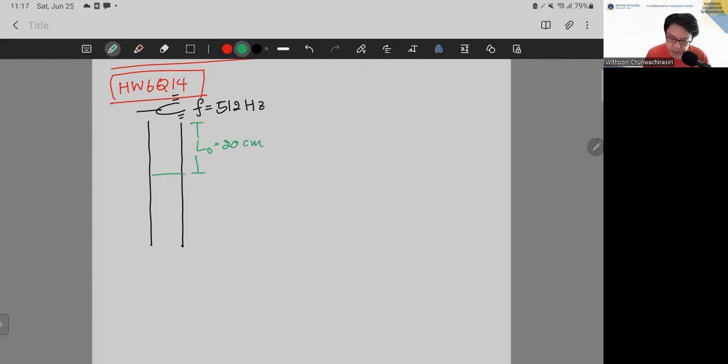What we can do first is find out the wavelength of the sound generated from this tuning fork. The wavelength is going to be speed over frequency. We can take the speed of sound to be the same number, 340 meters per second. The frequency is 512.